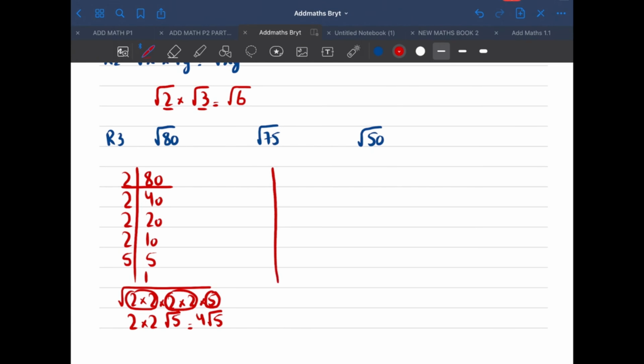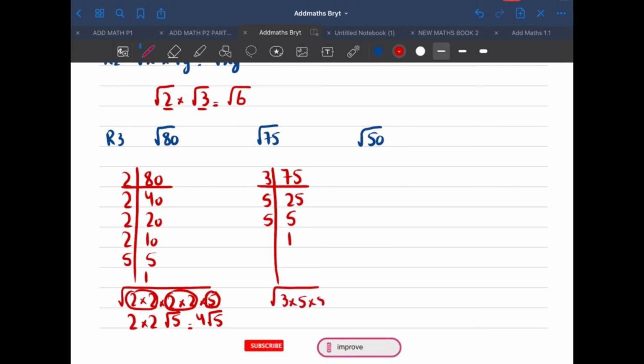Let's practice more. 75. It doesn't come in the 2 times table. Let's try with 3. 3 25s, then 5 5s, and then 5 1s. So I'm going to write here 3 into 5 into 5. When 5 times 5 comes in square root, that means under root 25. The value of this becomes 5 and under root 3 is left alone.